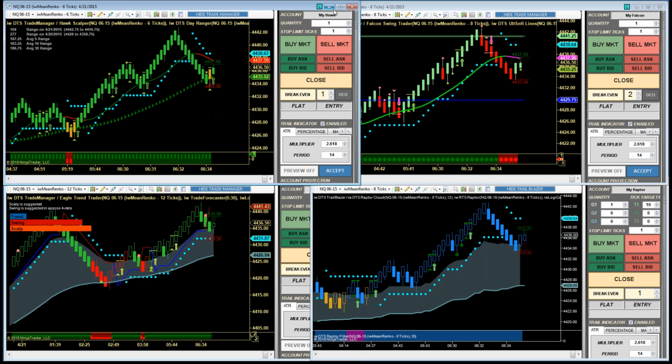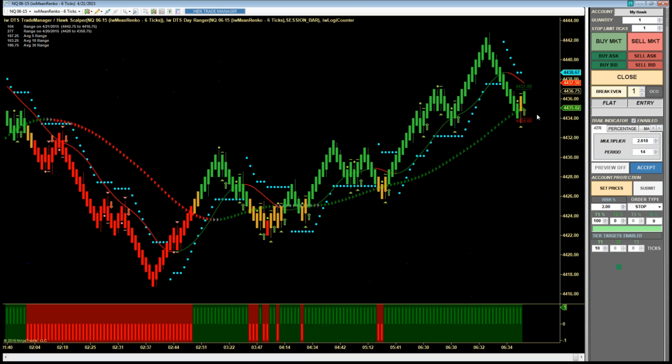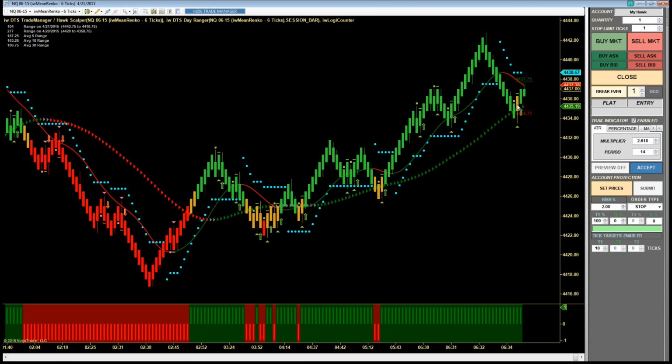This might have been a nice macro pullback signal here, except this yellow bar spoiled it.